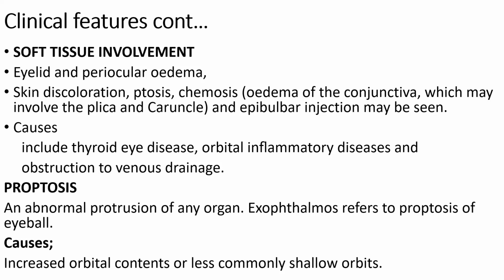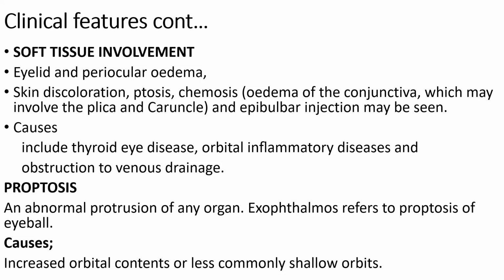The soft tissue involvement leads to eyelid and periocular edema, skin discoloration, ptosis, chemosis, which is edema of the conjunctiva, and epibulbar injection may be seen. This may be caused by thyroid eye disease, orbital inflammatory diseases, and obstruction to the venous drainage.